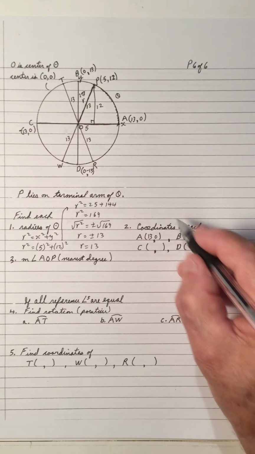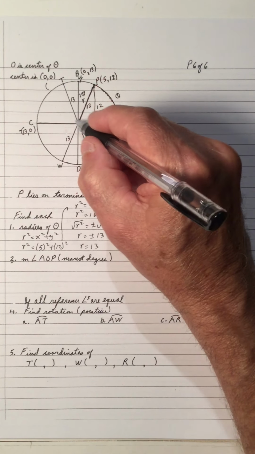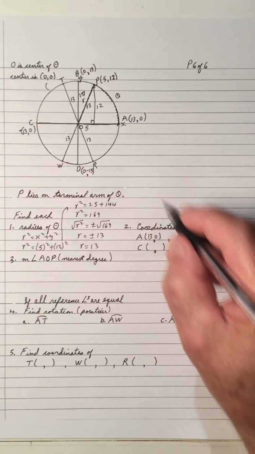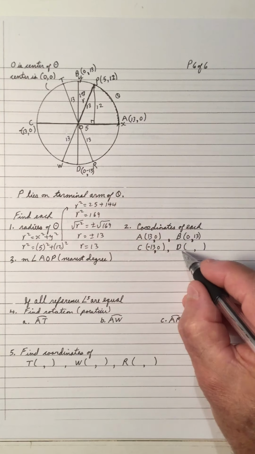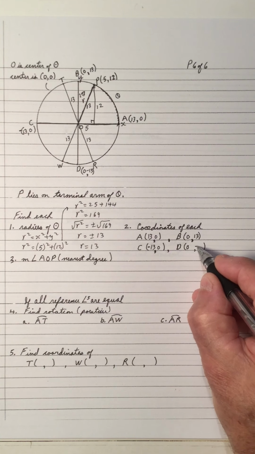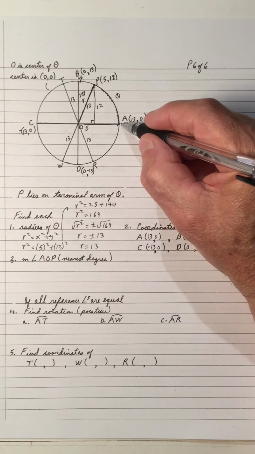B is 0, 13. And C is negative 13, 0, and D is 0, negative 13. So notice the x's, 13, negative 13, the y's are zeros. When you move up and down on the y-axis, the x's are zeros, y is 13 up and 13 down.